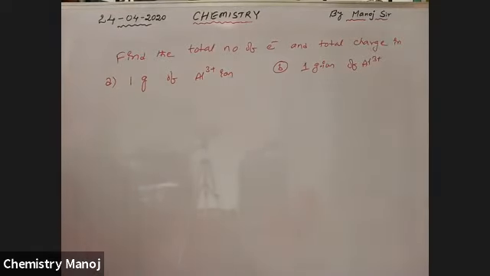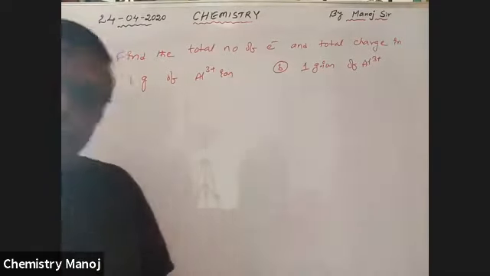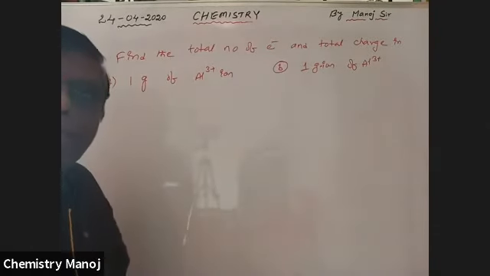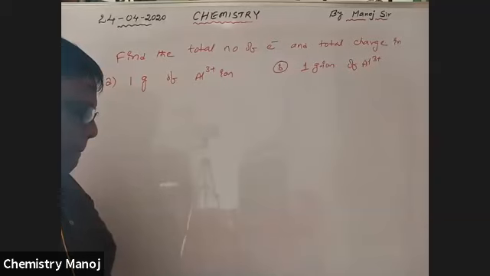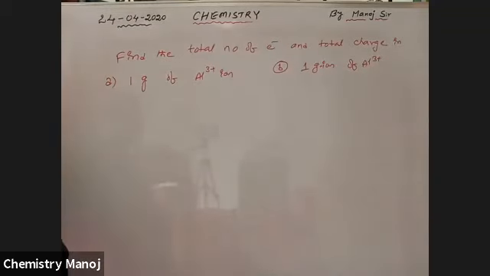First solve the A value. Please tell me the value of A. One gram of Al3+ ion, how many total electrons and what is the total charge?